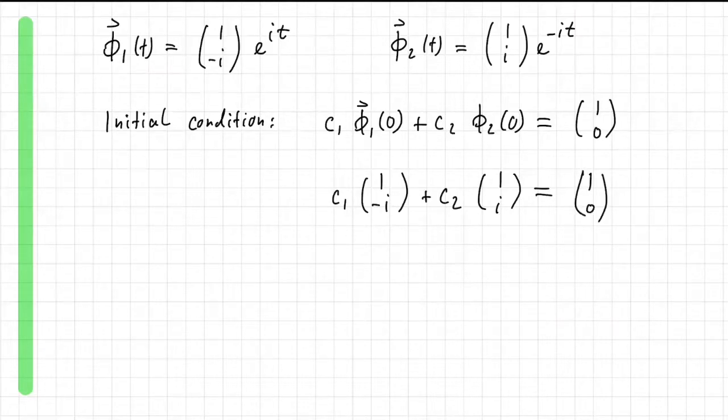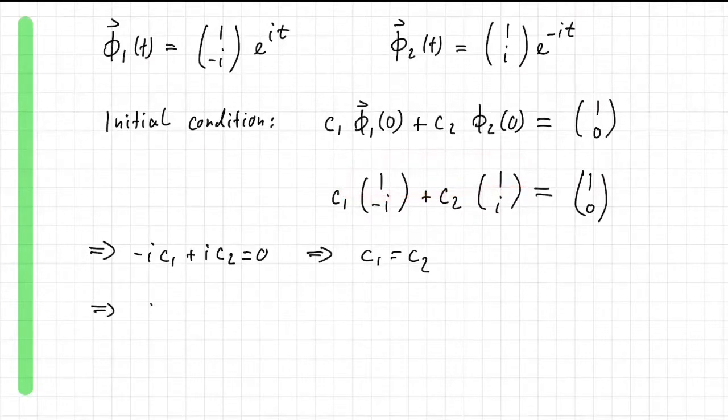Well, from the second row, we can easily see that this is minus c1 i plus c2 i equals 0, which immediately means that c1 equals c2. And on the other hand, we have the first row, which says that c1 plus c2 must be equal to 1. But since they have to be the same, it means that c1 equals c2 equals 1/2.